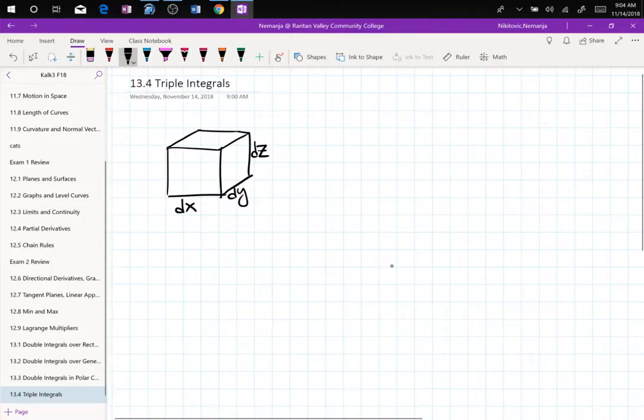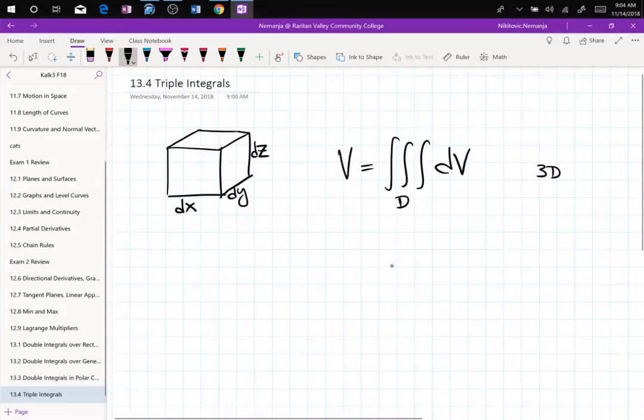So I can express my volume integral as the triple integral dV, right? Triple integral over some region D. And that would be 3D because dV is the volume, where dV is dx, dy, dz, or one of those combinations, right?